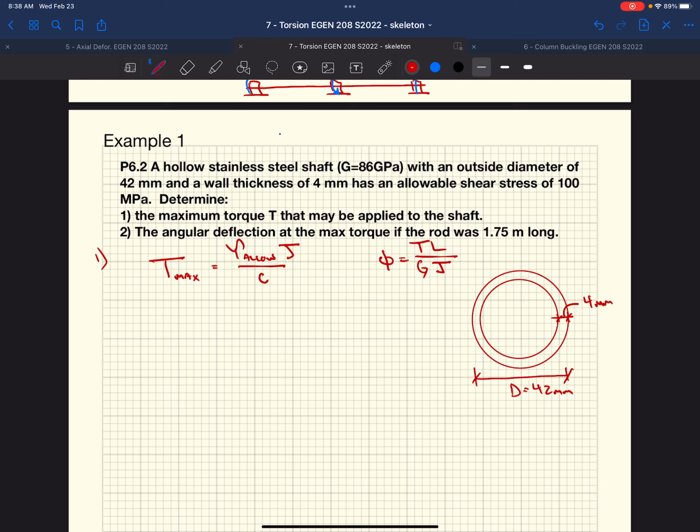Well, that means our inside diameter, or little d, equals 34. It's 4 millimeters, so you would take 42 minus 4 is 38, minus another 4 is 34. So that'd be our inner diameter.